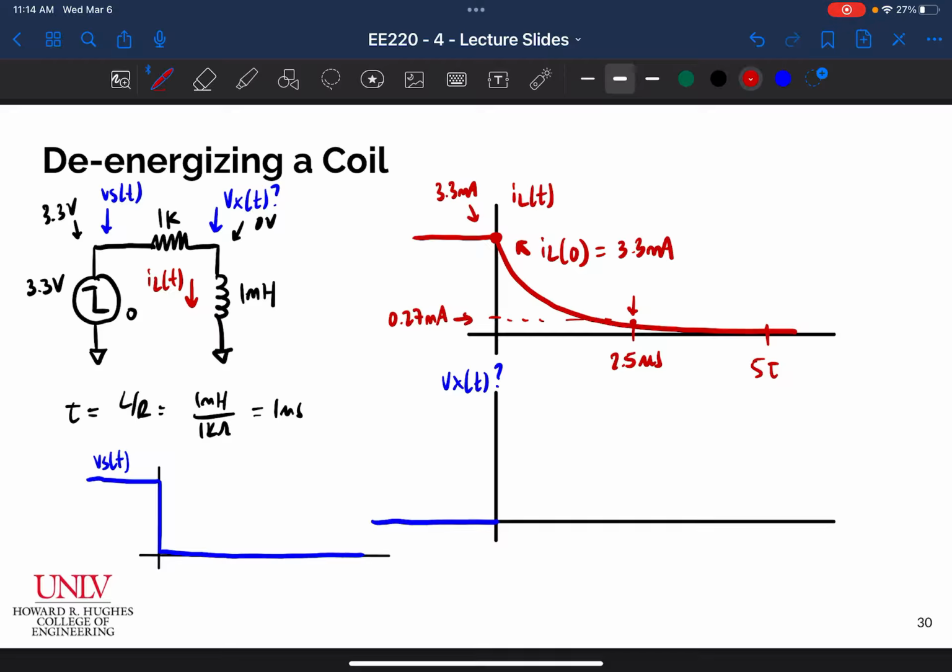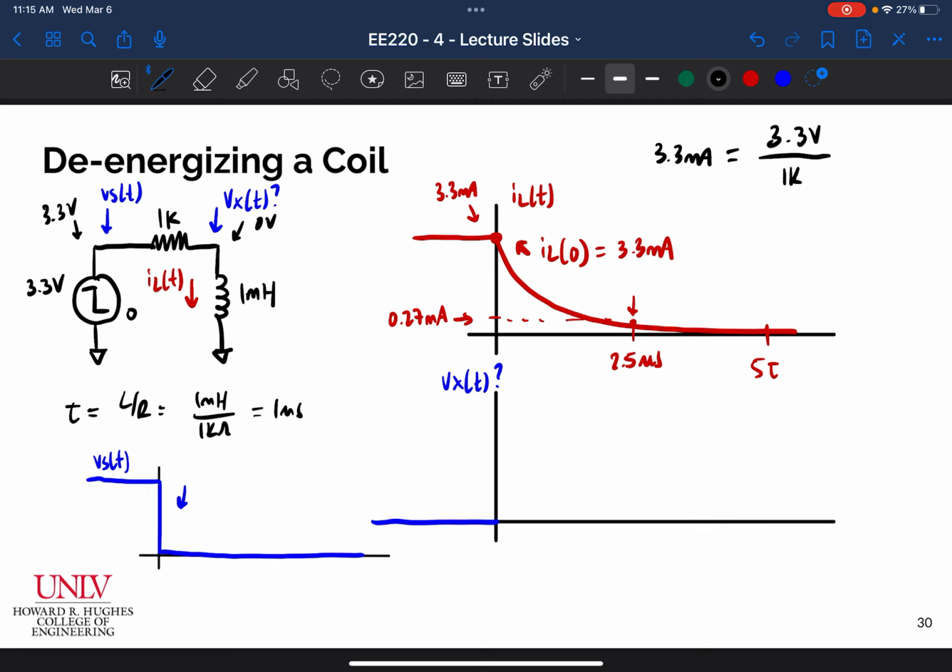The current at that instant has to remain 3.3 milliamps. In order to maintain 3.3 milliamps, I need a voltage drop of 3.3 volts across my 1 kilo ohm resistor.